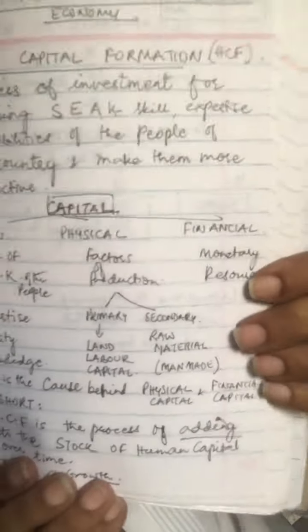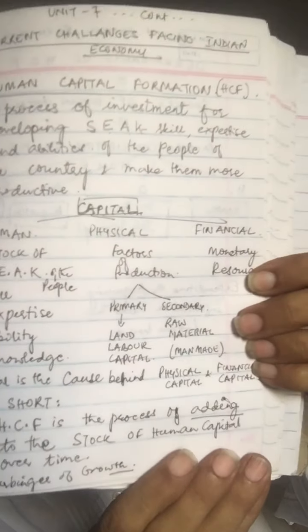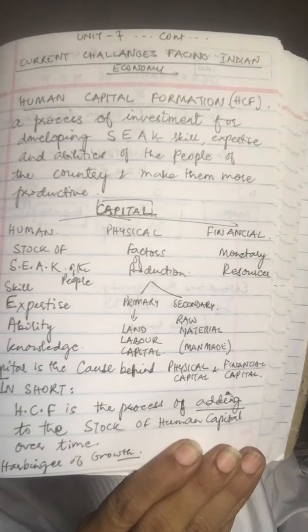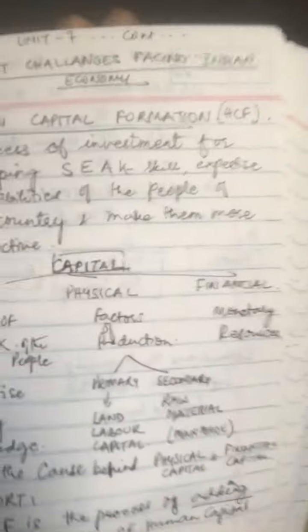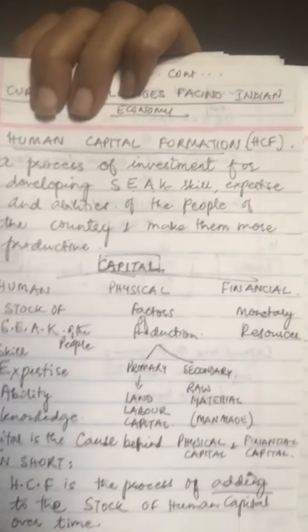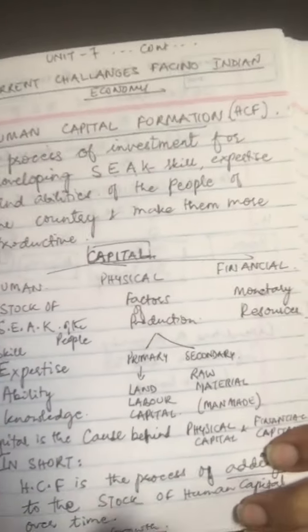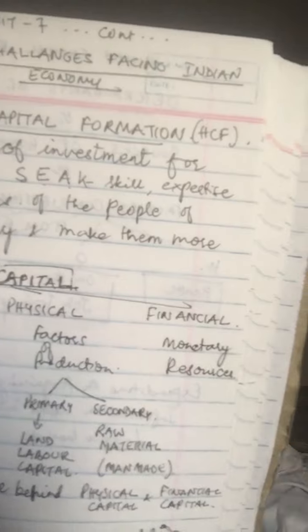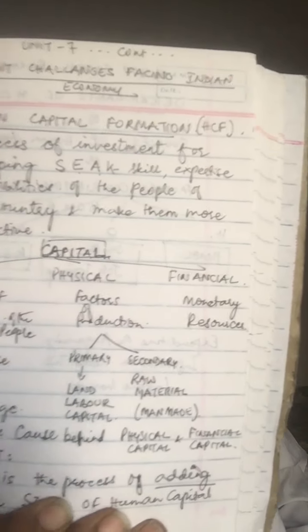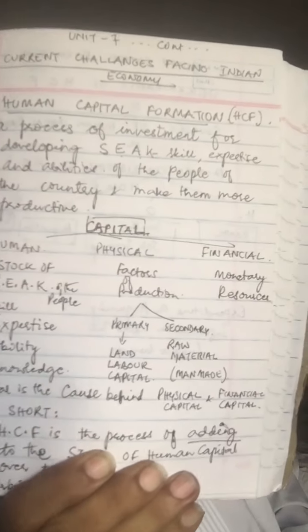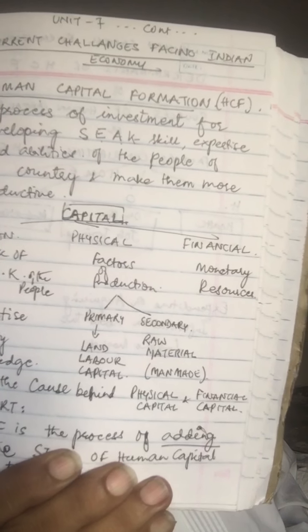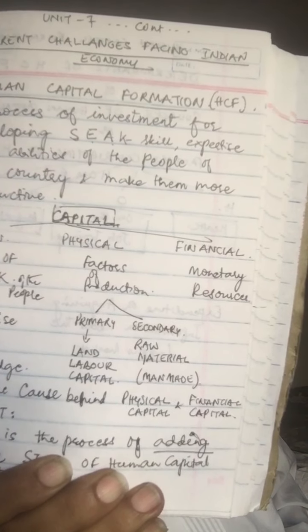If you can just go through this and look at it, you can understand what I just talked about. So what we see is, as you're going through this, we can talk about, say, physical capital.